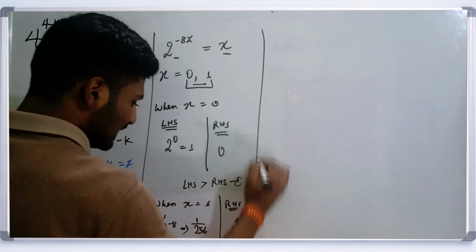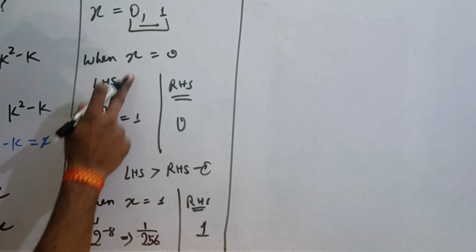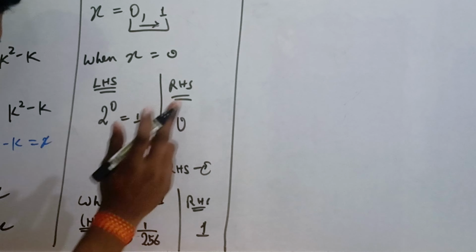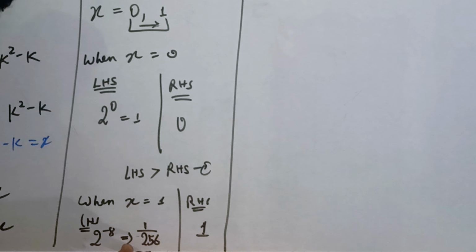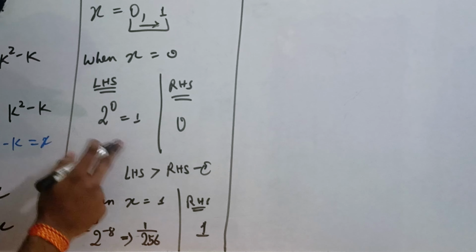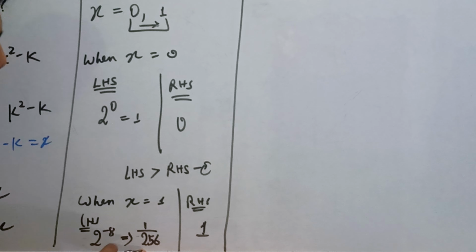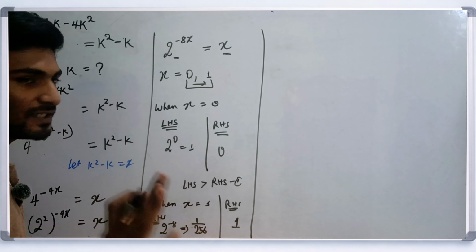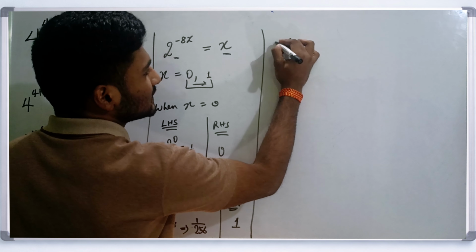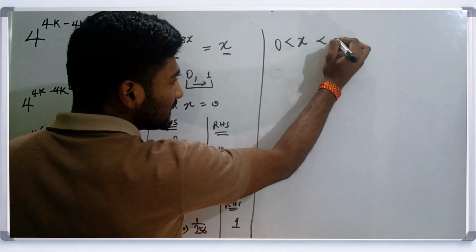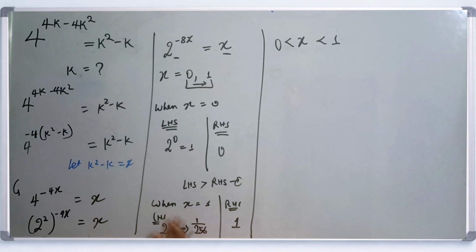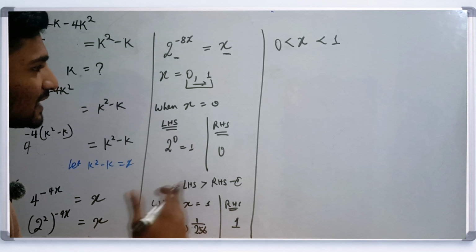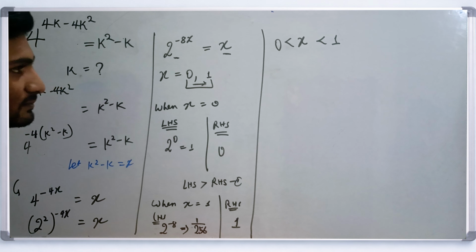So we have seen that as we have increased the value of x from 0 to 1, our LHS has decreased very significantly. So from here we are clear that our value of x is greater than 0 and less than 1, because ultimately we need to balance the left and right. We need to equate the left and right hand sides.